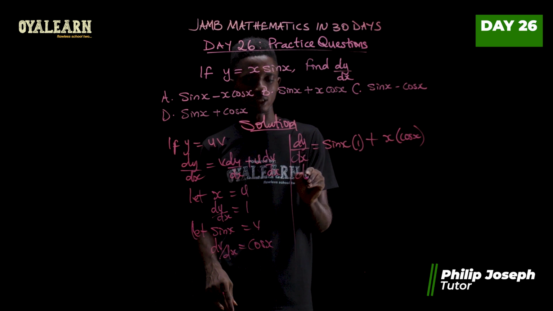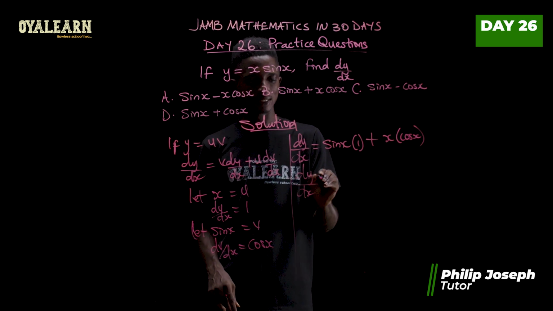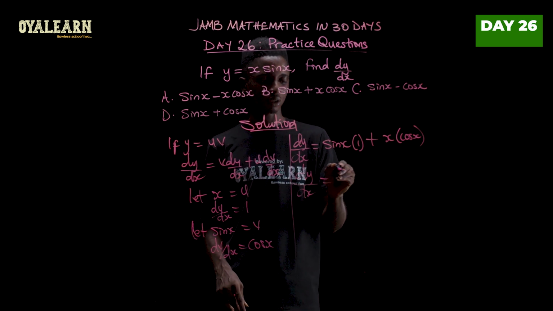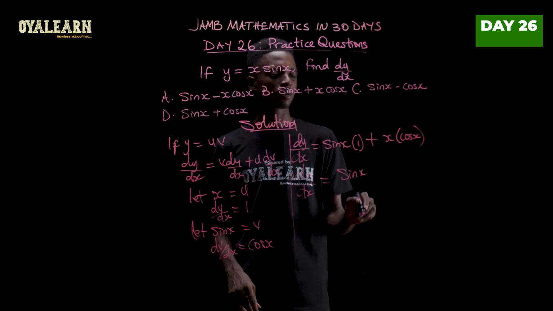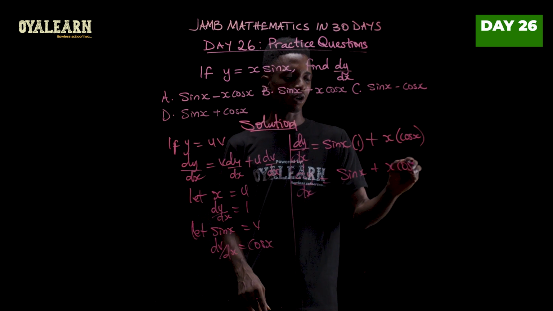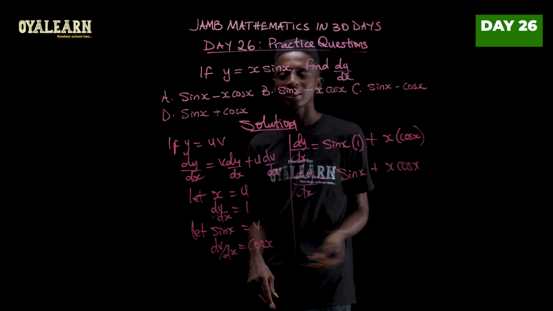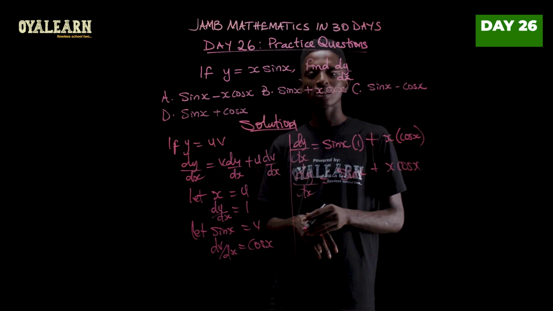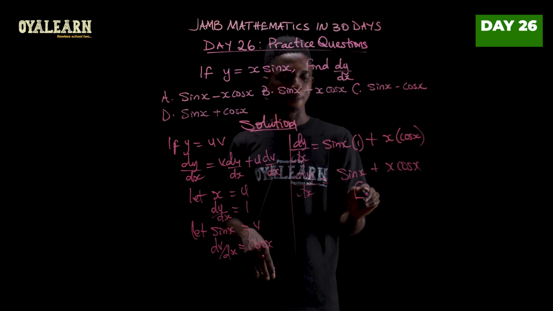Now let's expatiate. dy/dx therefore becomes sine x times 1, that is sine x, plus x times cos x, that will give you x cos x. So dy/dx is sine x plus x cos x, that is option B.